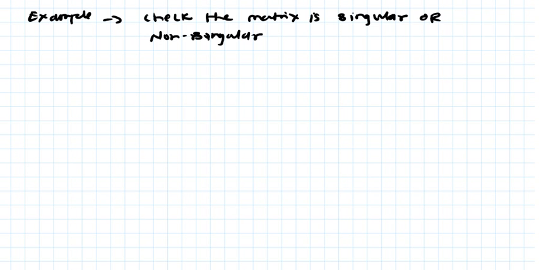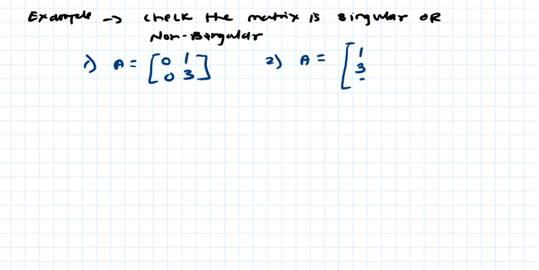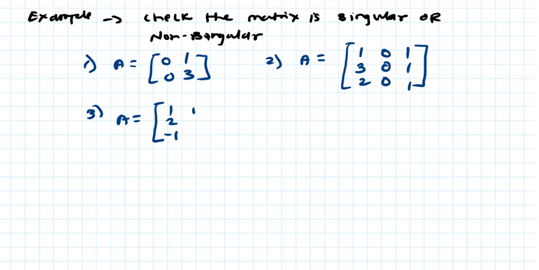Okay, first example, matrix A is suppose 0 0 1 3. Okay, second example, matrix A is suppose 1 3 2 0 0 0 1 1 1. Okay, third example, matrix A is suppose 1 2 minus 1 1 1 1 2 0 1.